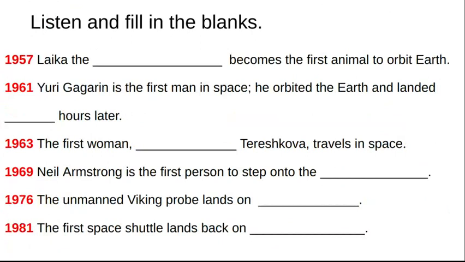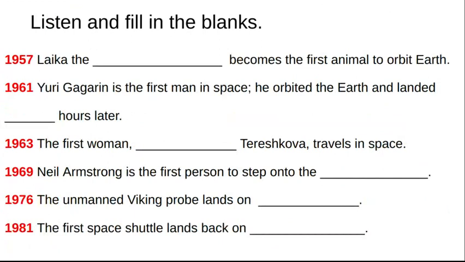Read and guess the missing words. Then listen and check. 1957. Laika the dog becomes the first animal to orbit Earth in Sputnik 2. 1961. Yuri Gagarin is the first man in space. He orbited the Earth and landed 2 hours later. 1963.